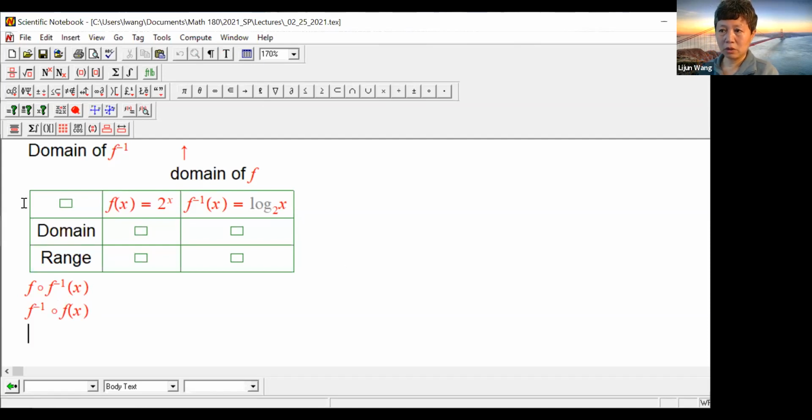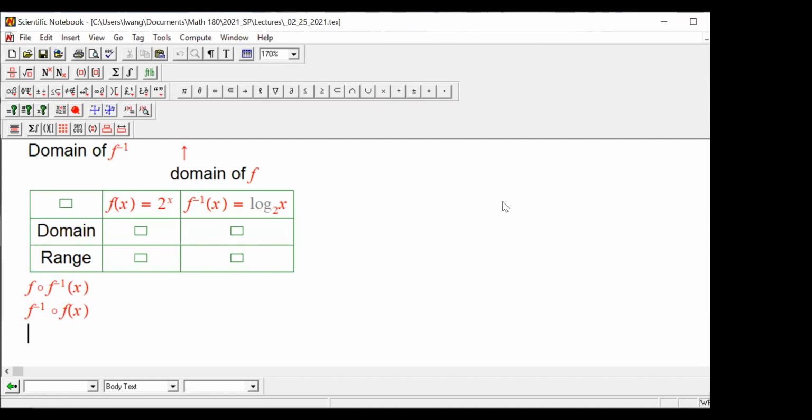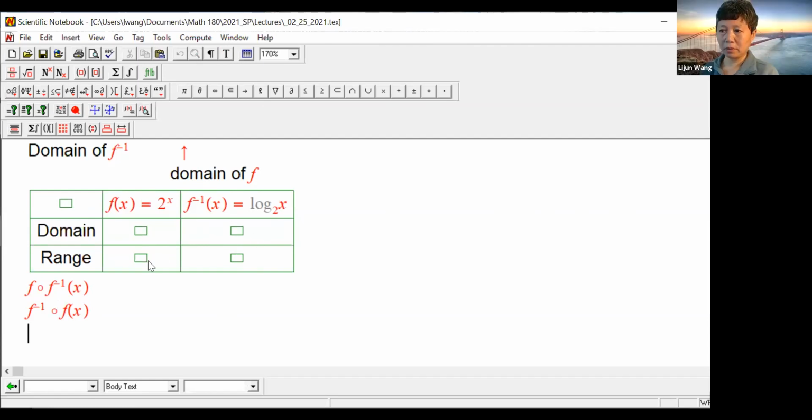Okay, so write it down. You're gonna fill this in, and you do the composition for f inverse.